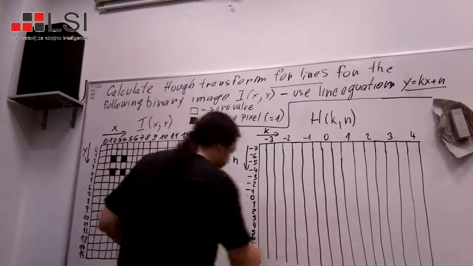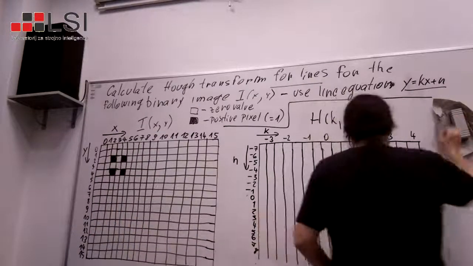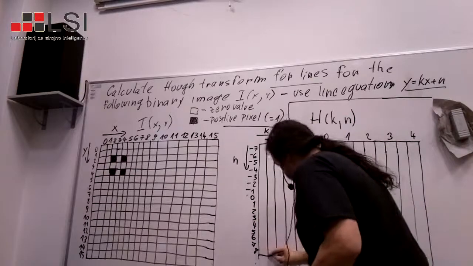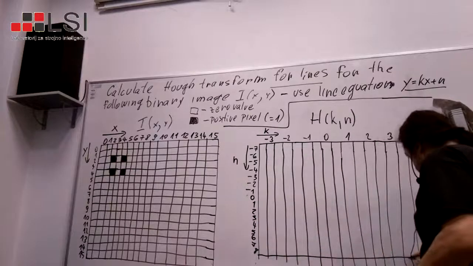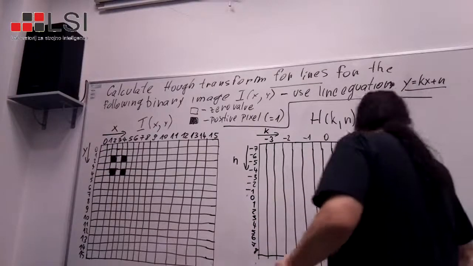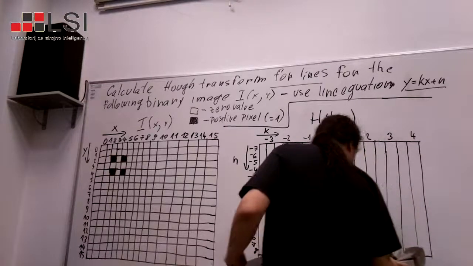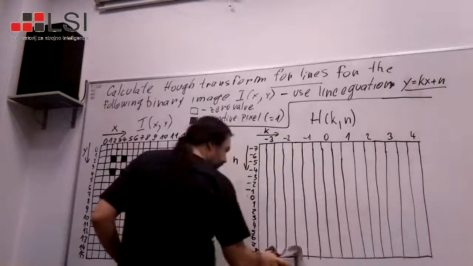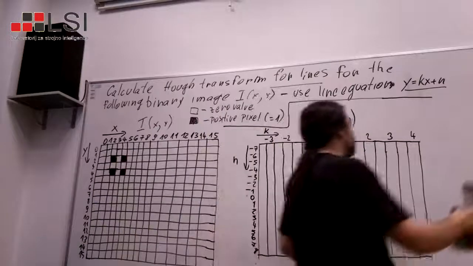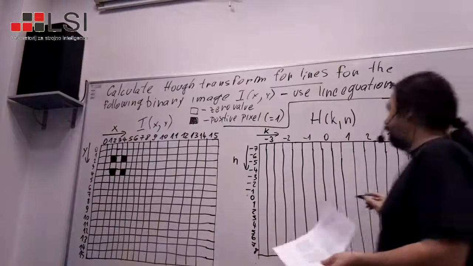Good. So this will be the end of the accumulator here, and I will also draw the horizontal lines now. It will be a bit wobbly, but we can live with it.